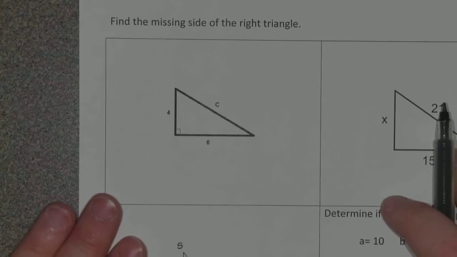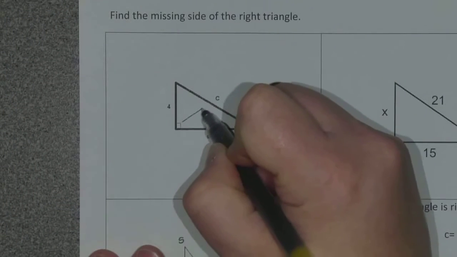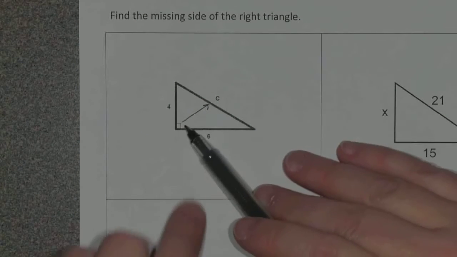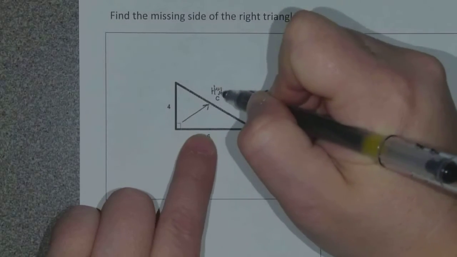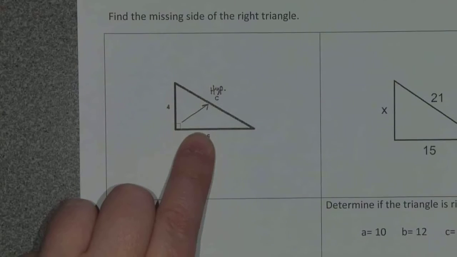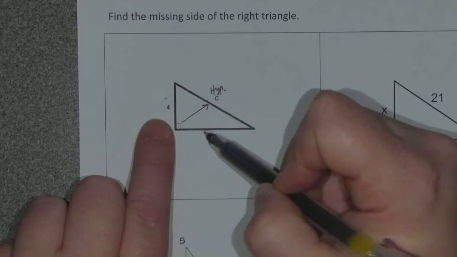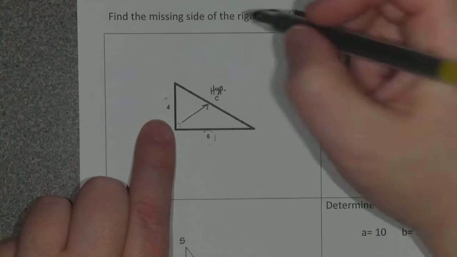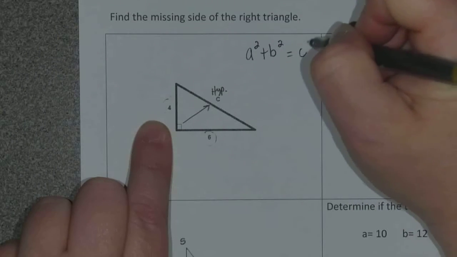So let's look at this triangle right here. First of all, let's decide that I don't know the hypotenuse, right? I know I'm looking for the hypotenuse. I can tell it's the hypotenuse because it's opposite of the right angle. So my hypotenuse I'm looking for. Does it matter if I call this side A or this side B? It doesn't matter, okay? Because guess what? The formula said A squared plus B squared equals C squared.